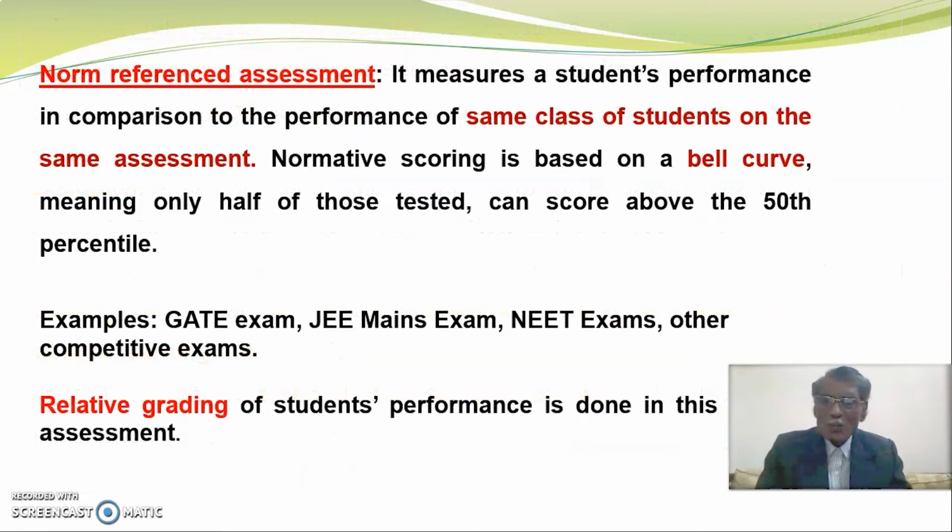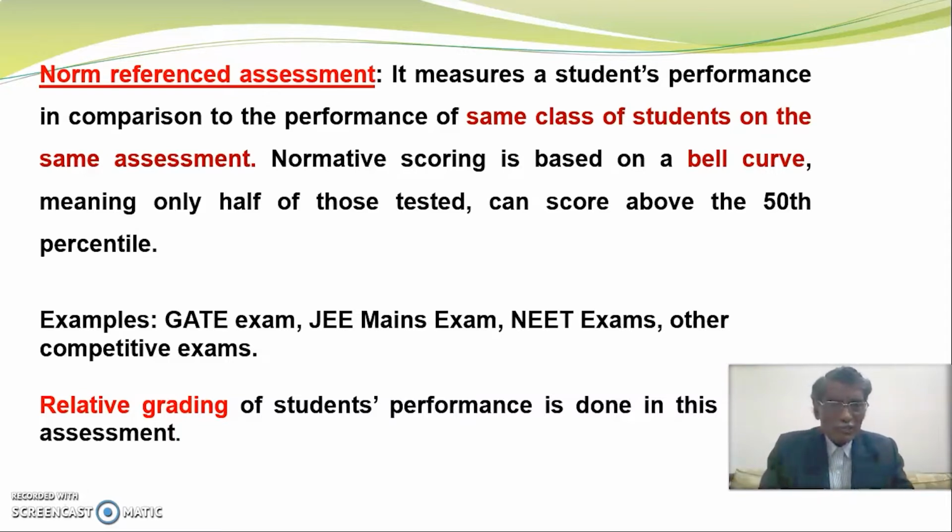Then we have norm-referenced assessments. It measures a student's performance in comparison to the performance of the same class of students on the same assessment. When I say same class, it doesn't mean of a particular college, even in the entire country with the same qualification.